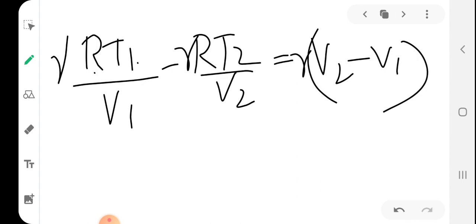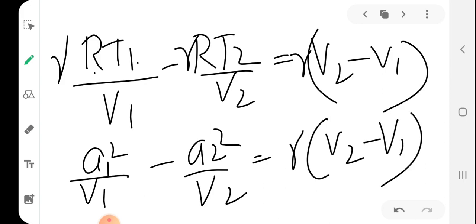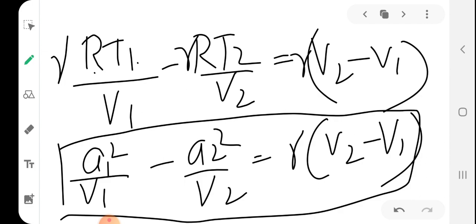Gamma RT1 is A1 square, so A1 square by V1 minus A2 square by V2 is equal to gamma into V2 minus V1. So students, very interesting. We have eliminated pressure, temperature and density terms, and now only A1, A2 and V2, V1 remain.